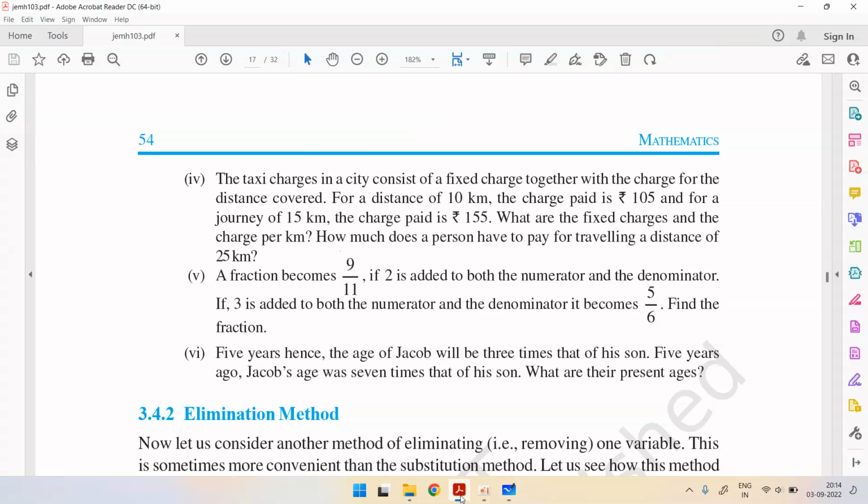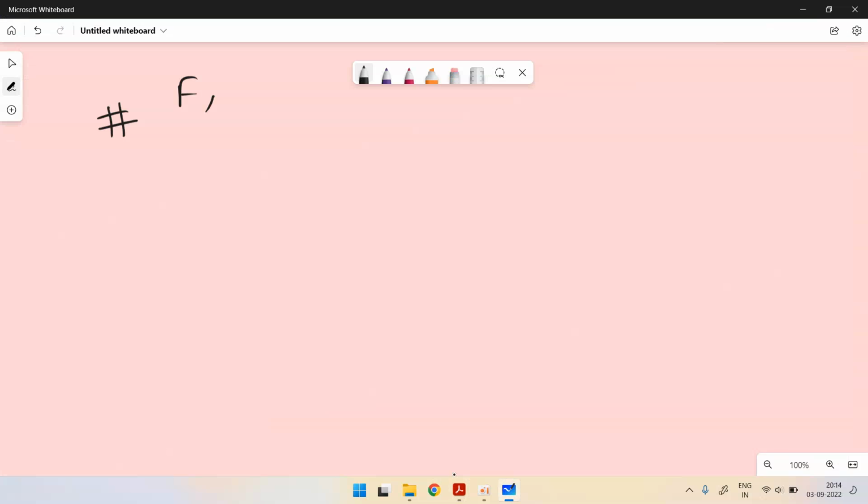So it says that there are two charges, fixed charge and kilometer charge, the charge for distance.